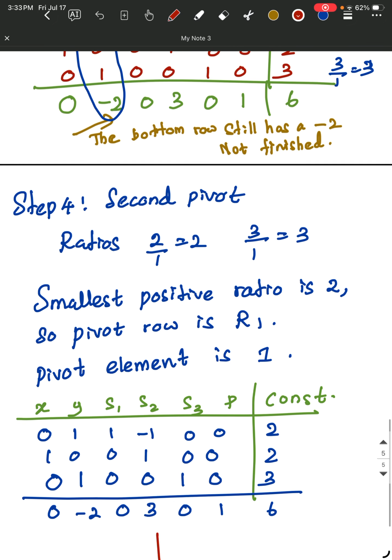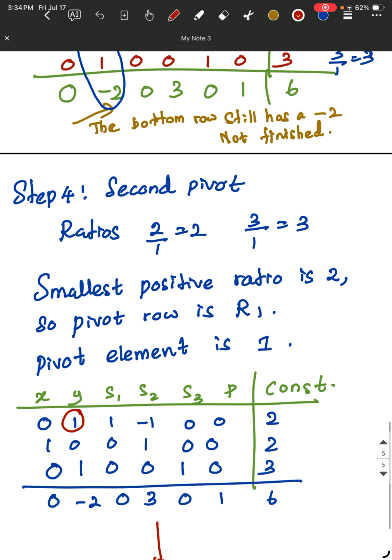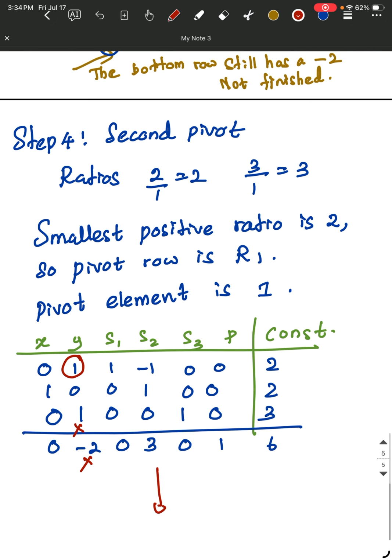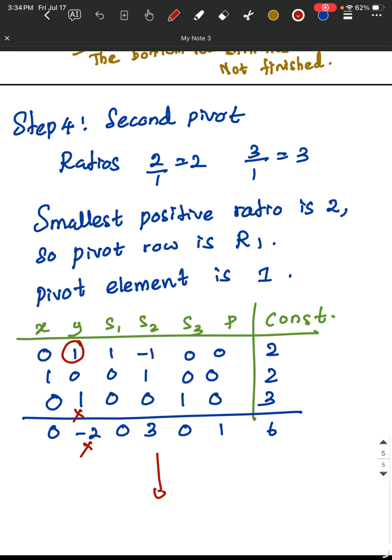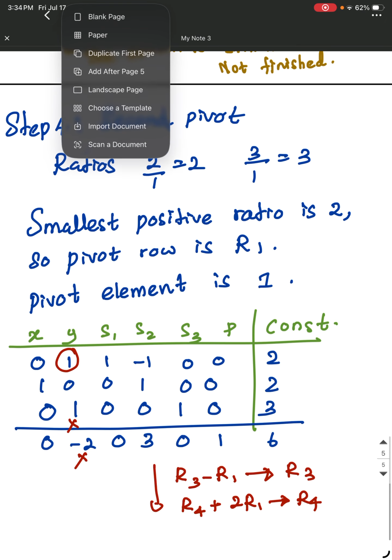Now the pivot entry is this. Then we wanted to remove this and this. So R3 minus R1 goes to R3. Also R4 plus 2 times R1 goes to R4. Okay.